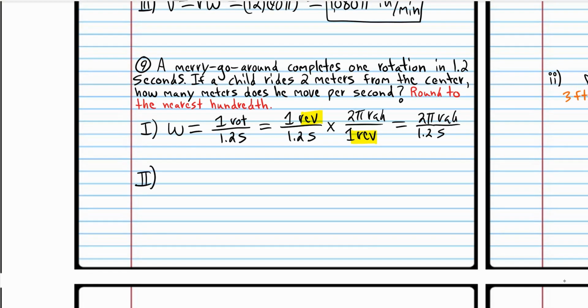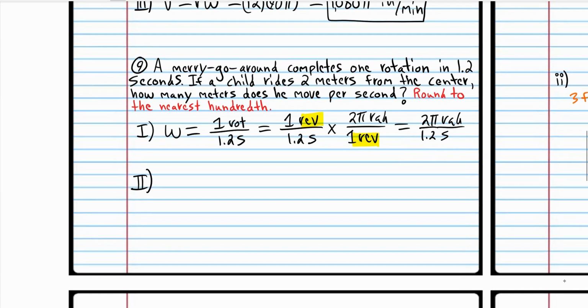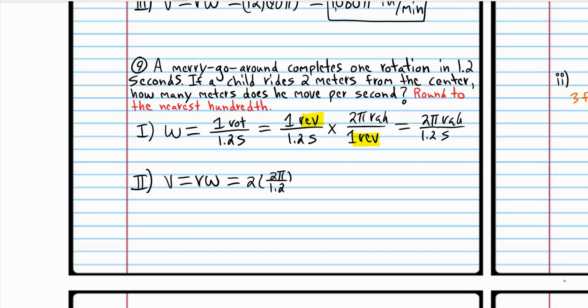So now we have the angular velocity in the units that we want. So now we're going to use our equation. The radius of the circular motion is 2, because the child rides 2 meters from the center. And the angular velocity is 2 pi over 1.2.